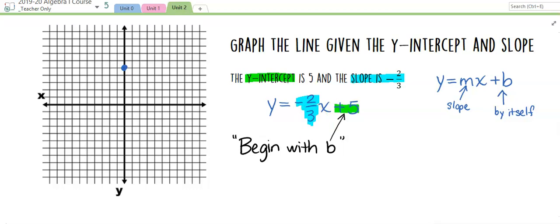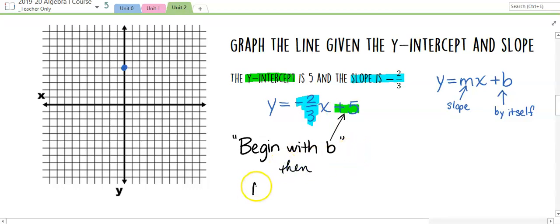Now I'm going to move m. So we begin with b and move m. What does negative 2 over 3 mean? Well, we give the negative usually to the top number.